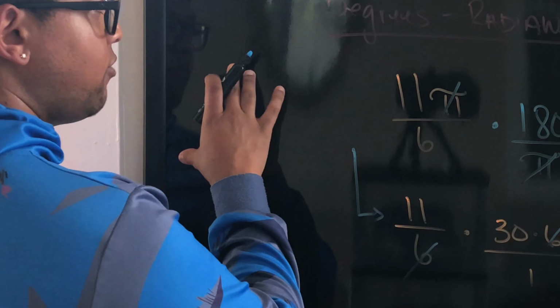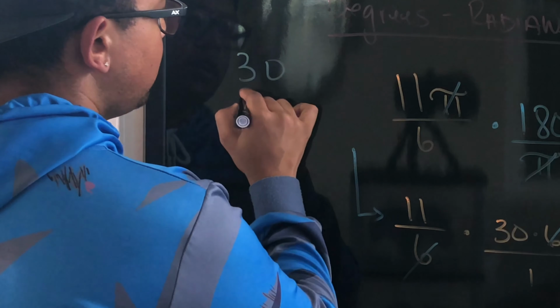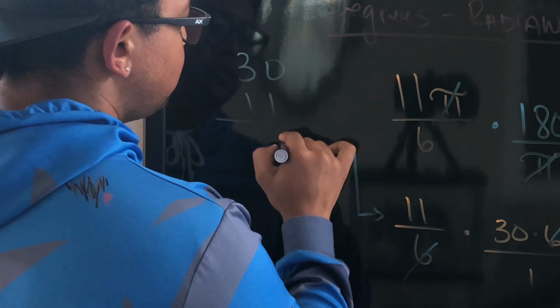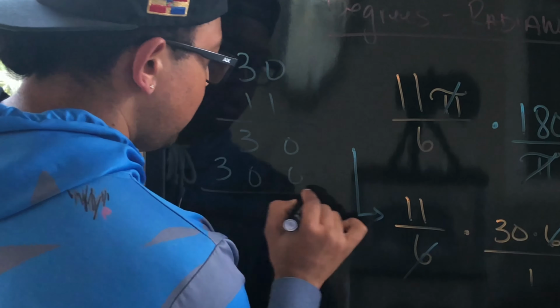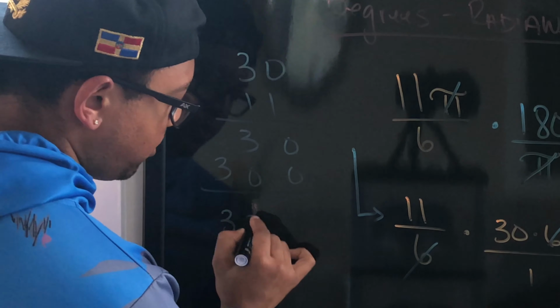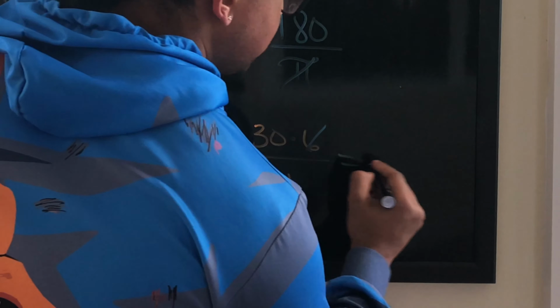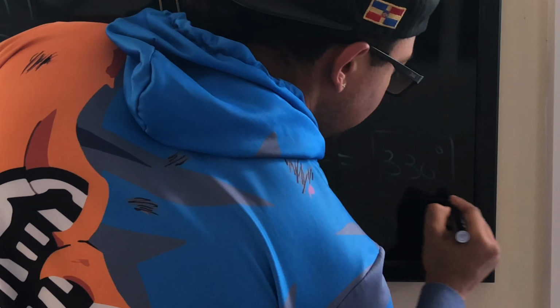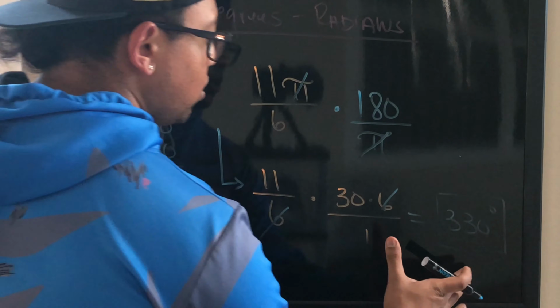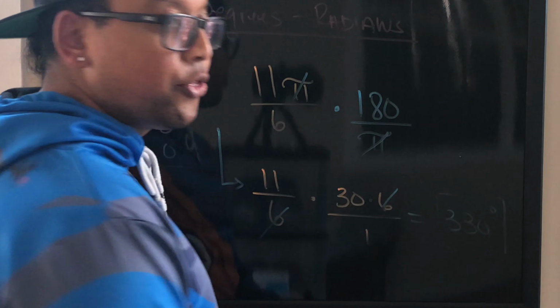I'll do the math over here for you guys. If you add everything up together, you get 330. So once these cancel, your answer should be 330 degrees. So 11 pi over 6 equals 330 degrees.